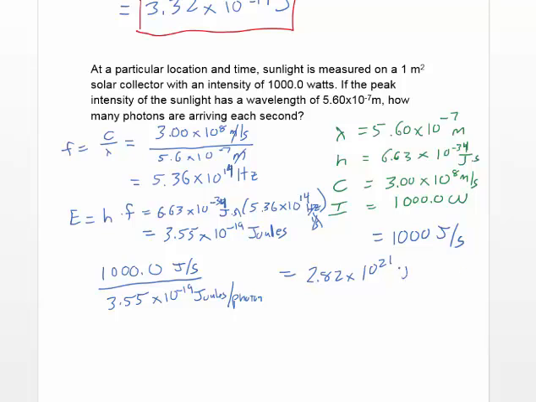We have joules per second, and then from the denominator we have photons per joule. Recall, when we bring this up to the top, it flips over. So the joules cancel, and we end up with 2.82 times 10 to the 21st photons per second for our answer.